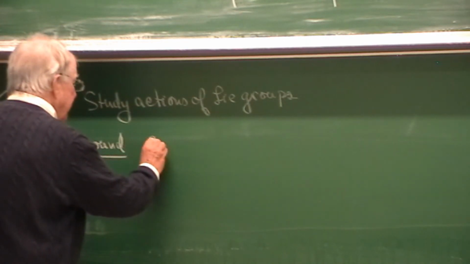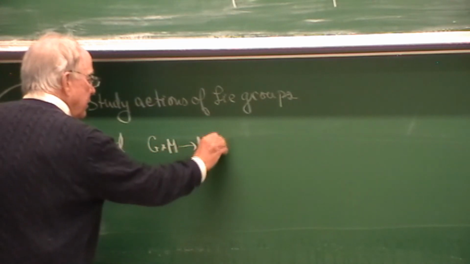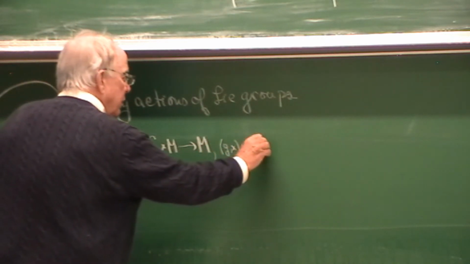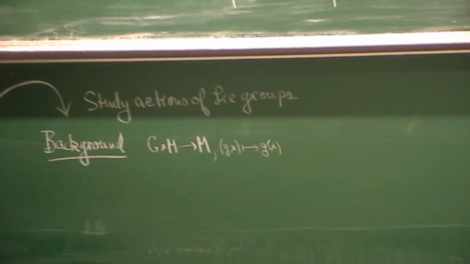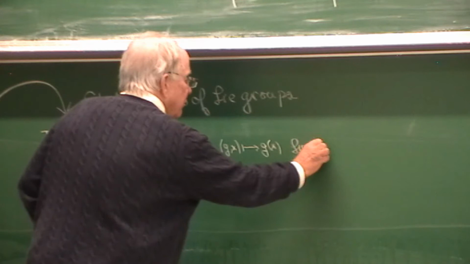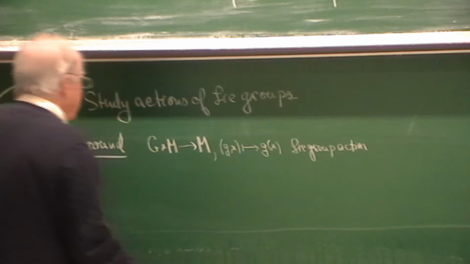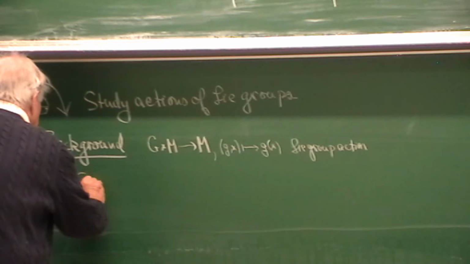So let's let G act on a manifold, be a Lie group action on a manifold. An action is a map. So this is the action. So it's a Lie group action. Okay. So we take an orbit of this thing.